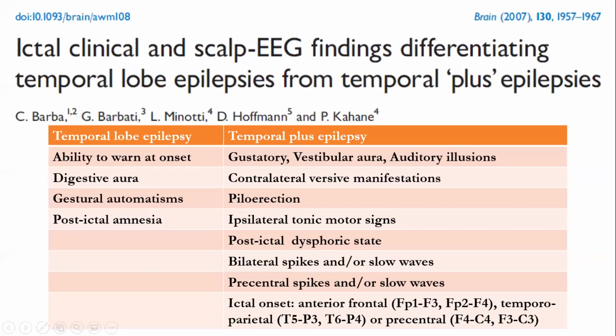In the statistical analysis, these were the ones that came out significant in favor of temporal lobe epilepsy. Whereas for temporal plus epilepsy, the auras are gustatory, vestibular, auditory. They have contralateral versive movements of head or eye, piloerection, ipsilateral tonic motor signs, and they can have bilateral spikes or bilateral slow waves, precentral spikes or slow waves, and the ictal onset may not be classical temporal. You may see involvement of anterior frontal, temporoparietal, or precentral regions.